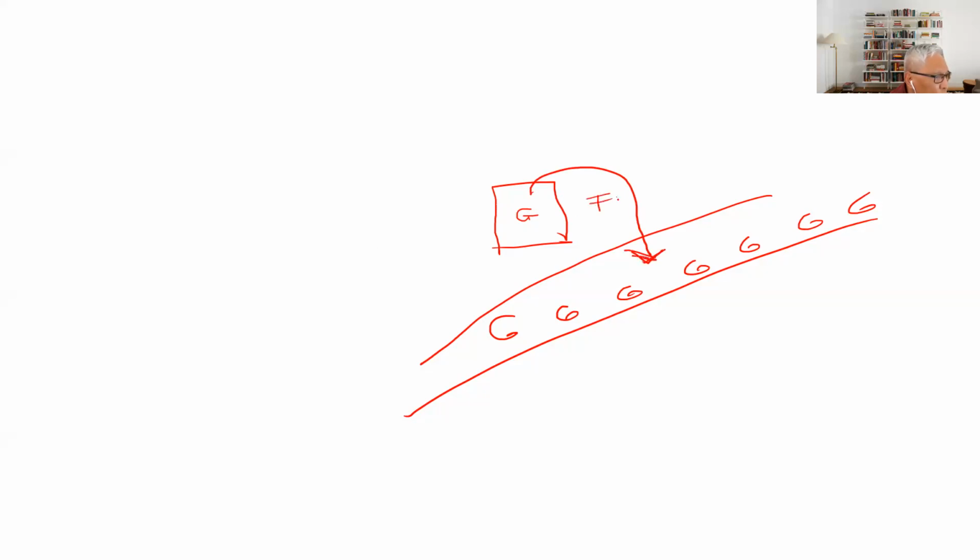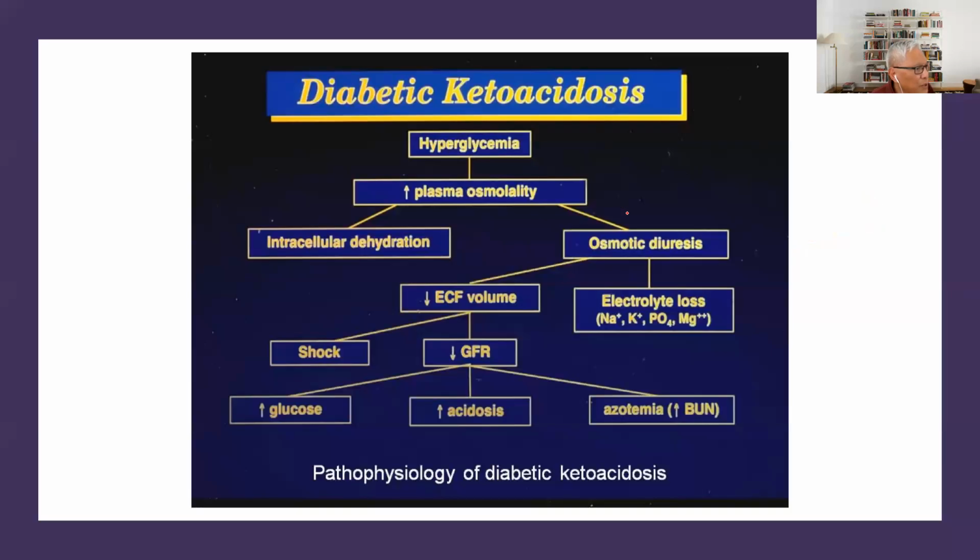So the fluid will now move from the intracellular compartment to the extracellular compartment. And that is why in severe hyperglycemia, you're going to have intracellular dehydration. Okay, so I hope that this is clear so far.